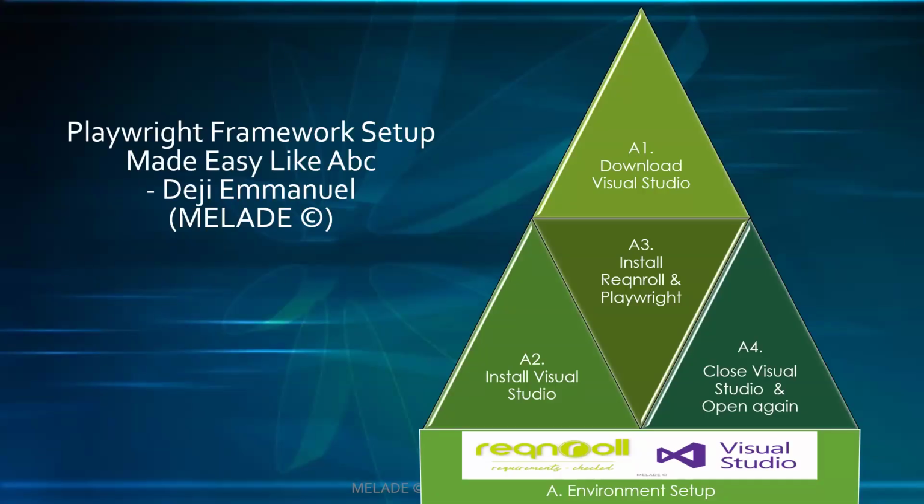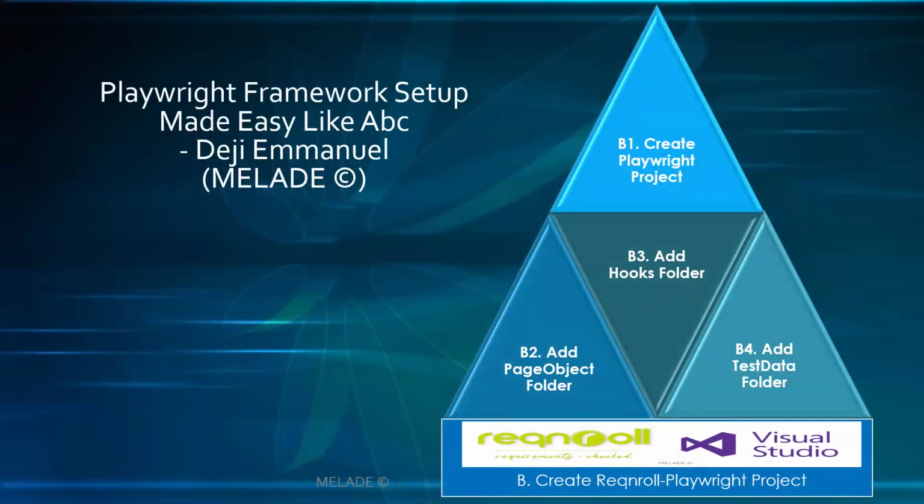One thing I also need to let you know: for Reqnroll, you need to install the extension of Reqnroll. I will show you how to do that. Once you've done that, because you are installing the Reqnroll extension, you need to close your Visual Studio and open it again, so that the extension can be incorporated into your Visual Studio. This is one step. You don't need to repeat it.